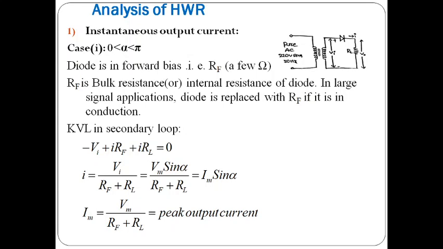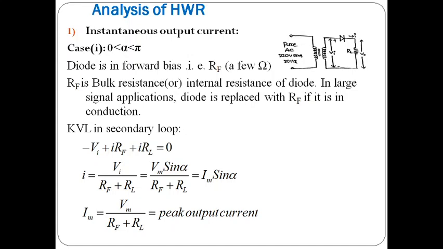By applying KVL, minus Vi plus I into RF plus I into RL, where I is the current flowing in the circuit. The diode is replaced with the forward resistance RF. So Vi equals I into RF plus I into RL.